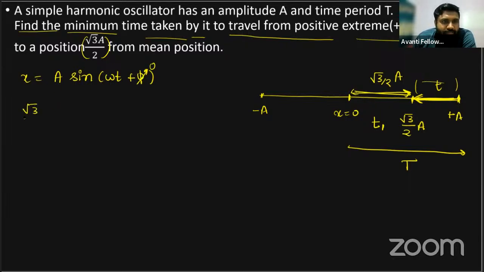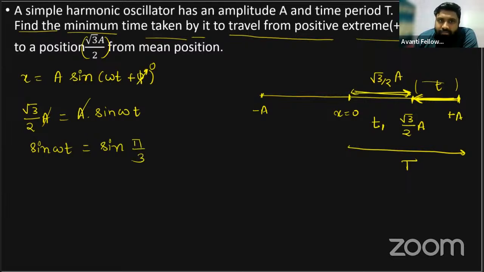X is root 3A by 2, equal to A sine omega t. So A and A will cancel out. What do you have? You have sine omega t as root 3 by 2, which is sine 60, sorry, pi by 3. Sine pi by 3. If you take this, omega t will become pi by 3.